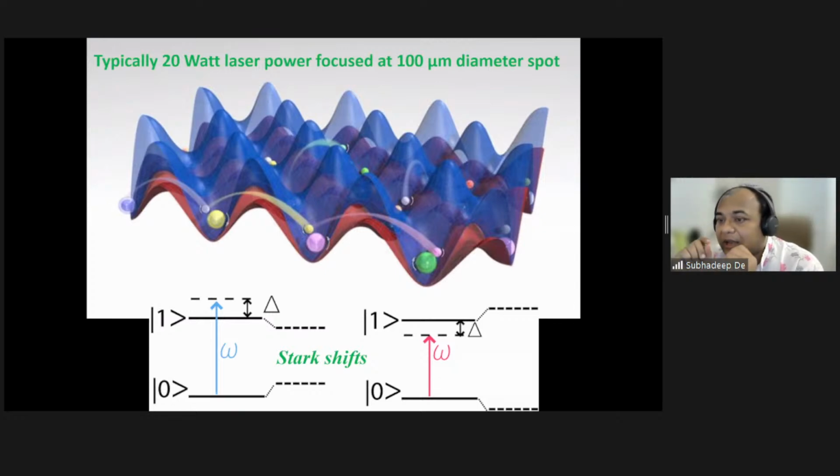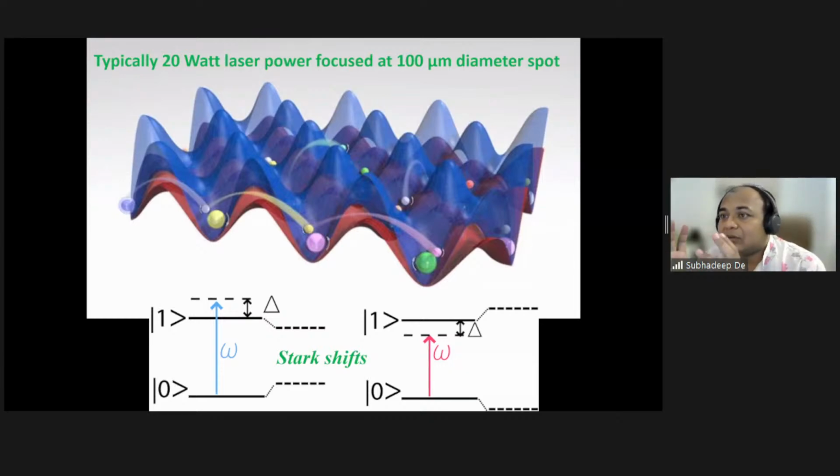But still there is another last problem: to produce these egg curtains, you are actually using very high power lasers. The typical power is, let's say, 20-watt laser beams, which are focused to something like 50 to 100 micrometers. So basically, we are talking about egg curtains which are like 50 micrometer by 50 micrometer in size.